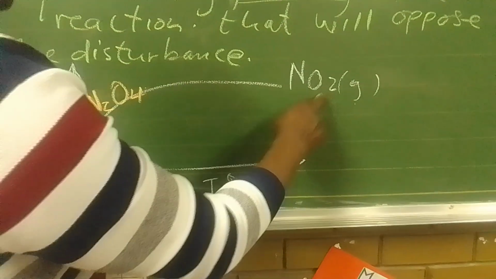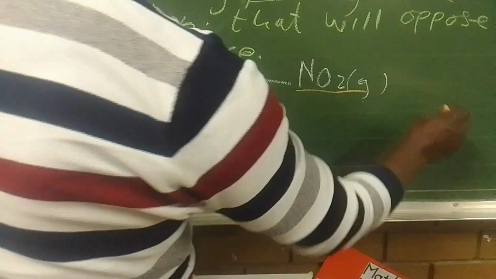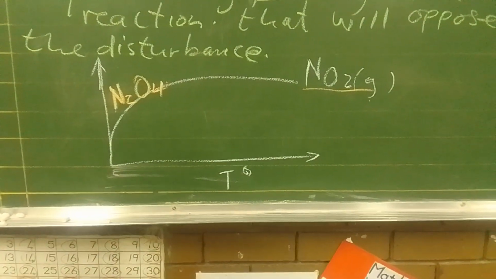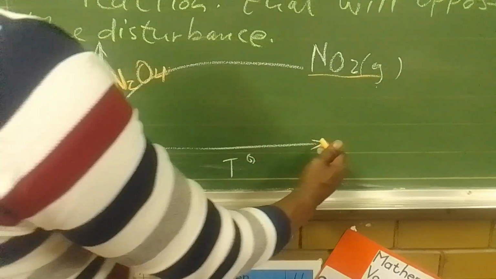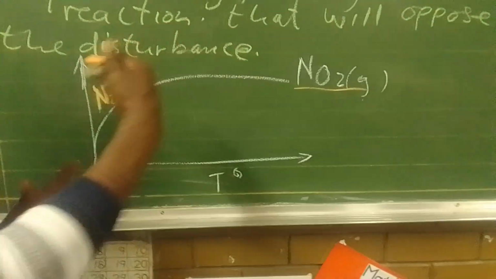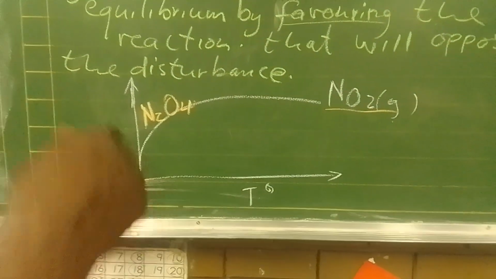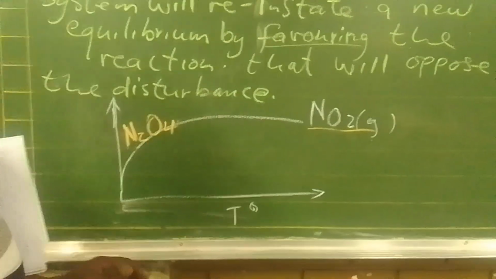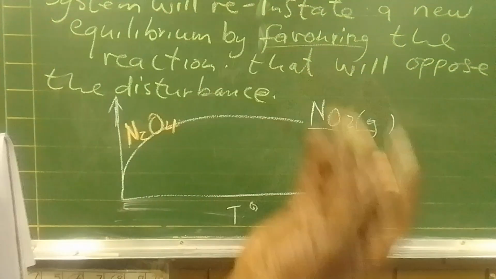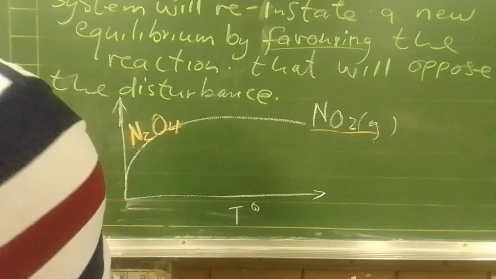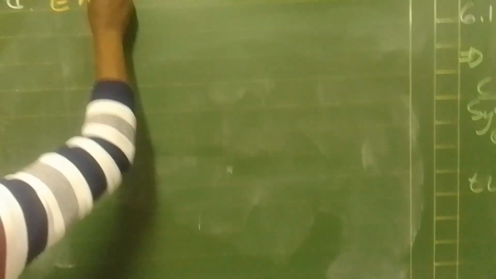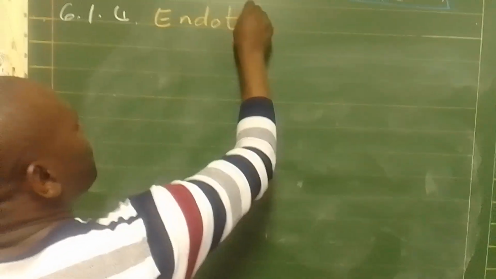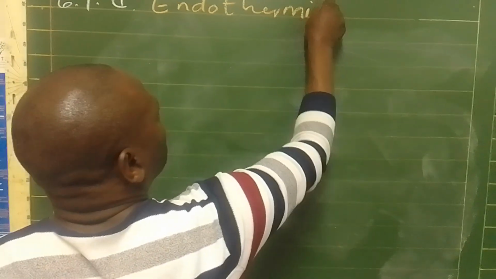In order for the NO2 to be formed, you need to put in energy. But if you don't put in energy and the reaction goes by itself to form the products, that reaction is exothermic. But in this case, we have endothermic. So the answer here is endothermic reaction.